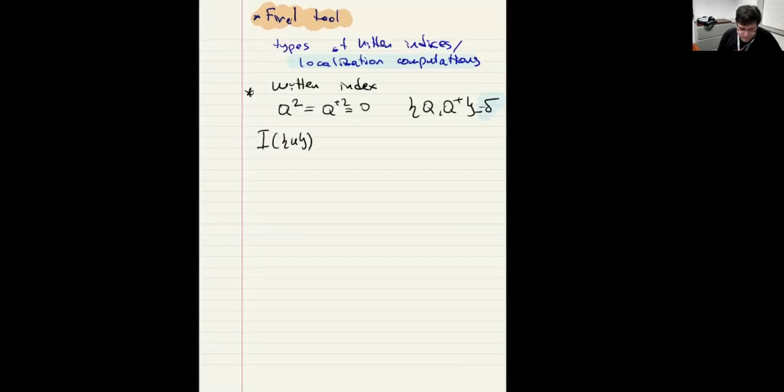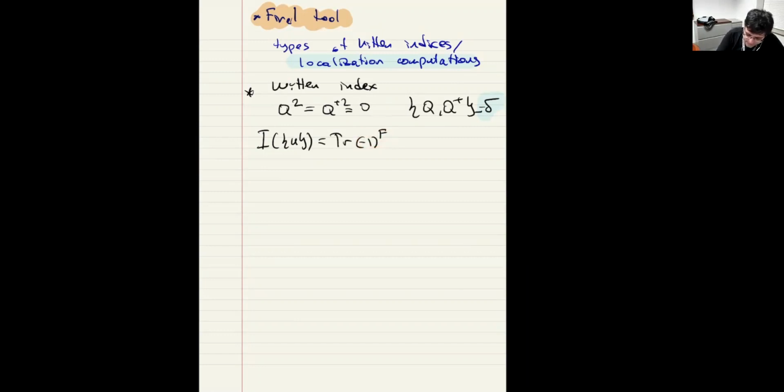This Witten index is defined in the following way. It can depend on parameters, which I collectively denote by u here. You compute the following trace over the Hilbert space of your theory with (-1)^F, which is usually called the fermion number.